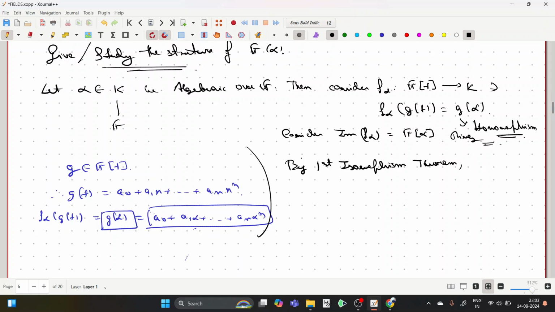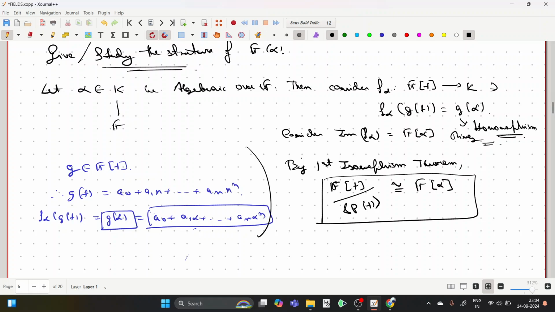what I have is that F[t]. Now since we are talking about alpha being algebraic, there is a respective irreducible polynomial or a minimal polynomial of alpha, which I denote as p(t), and this should be isomorphic to the image of F[t] at alpha, which we have considered as F square bracket alpha.